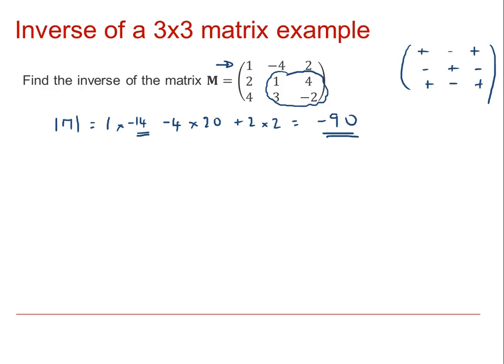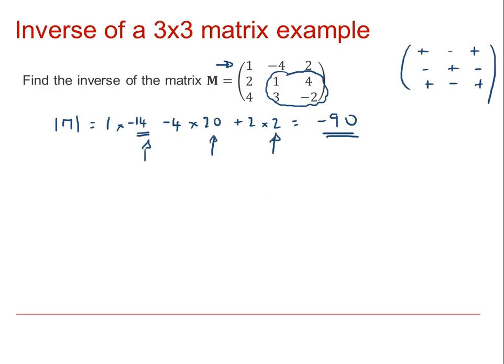So we've got a determinant of -90, and most importantly that is not equal to 0, so we can go ahead and find the inverse of the matrix. To work that out, we need the cofactors of each of the elements. We've already worked out the cofactors of A1, B1 and C1. They were -14, 20 and 2.